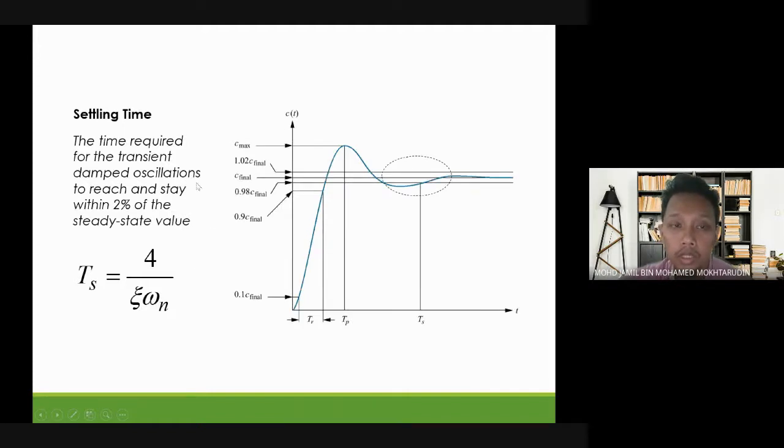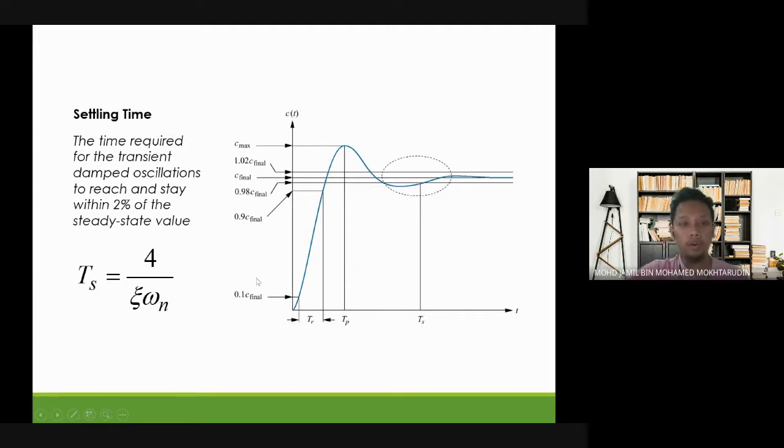Okay, so settling time is the time taken when the system is within these two lines here, 1.02 C final and 0.98 C final. So when the system is within these lines, the time taken to reach that particular part of the graph is known as settling time.